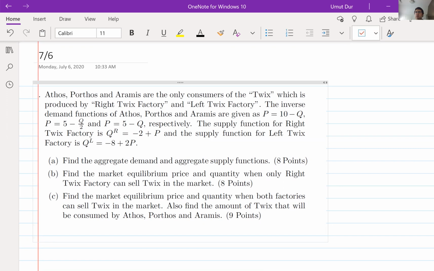Yes, perfect. Okay, so this example is about a problem where we have individuals, and we just know the individual demands. So we have here 3 individuals, Athos, Porthos, and Aramis, and they have demand for Twix. In addition to that, we have 2 suppliers.